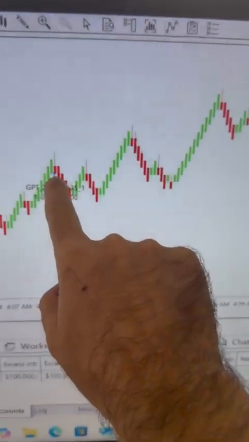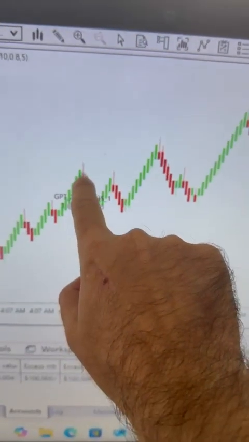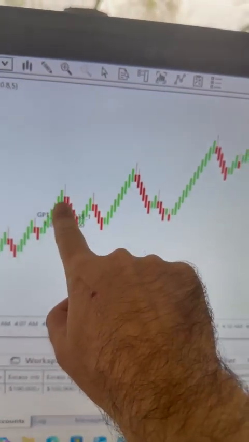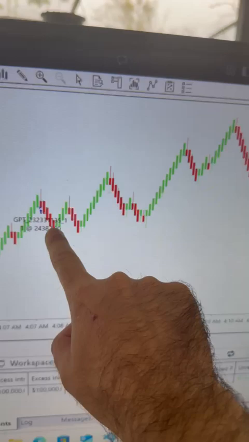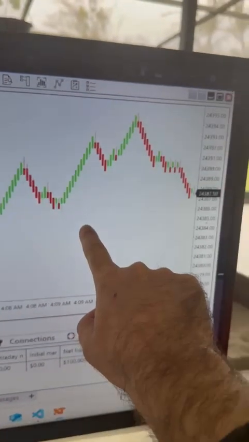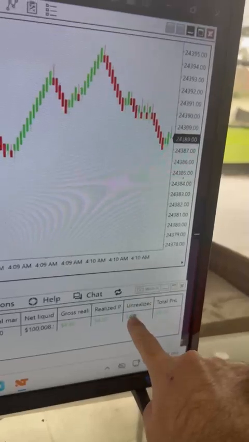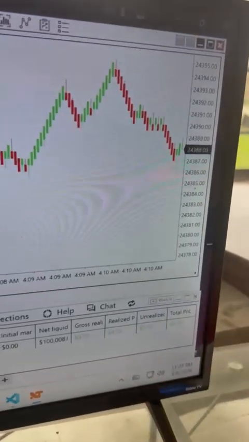So here's the entry point. At this level it entered. You see aggressiveness here, based on the chart reading that I show on the other screen. Now it's going against us. Still.